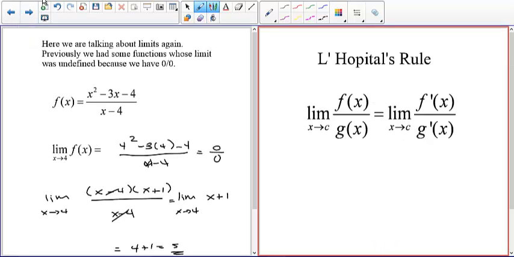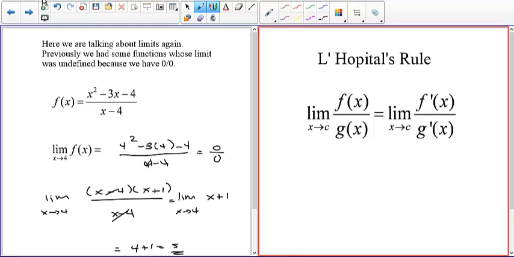Now, L'Hopital's rule says this. If you're trying to find the limit of a rational expression where you have f of x in the numerator and g of x in the denominator, then the limit of that ratio is also equal to the ratio of the limit of the derivatives. And what taking the derivative does for you is also remove the indeterminacy.